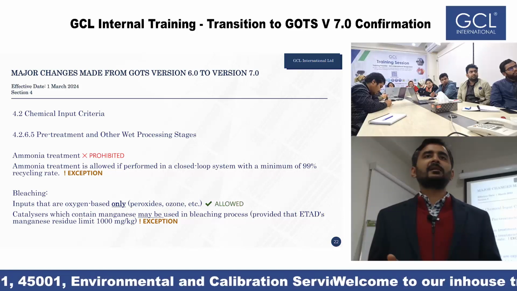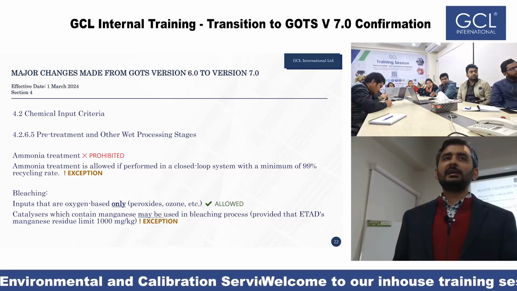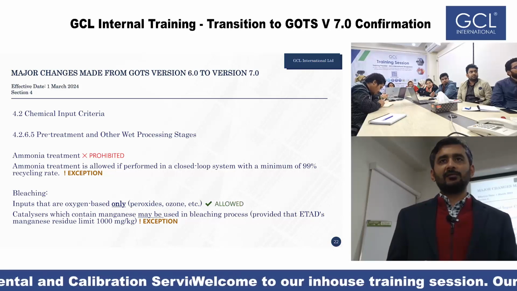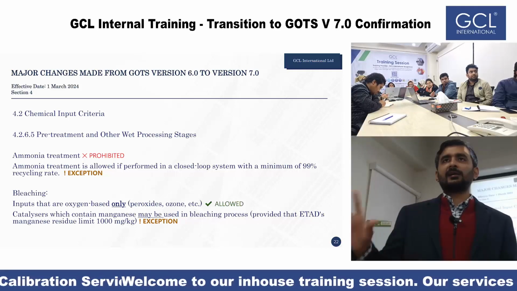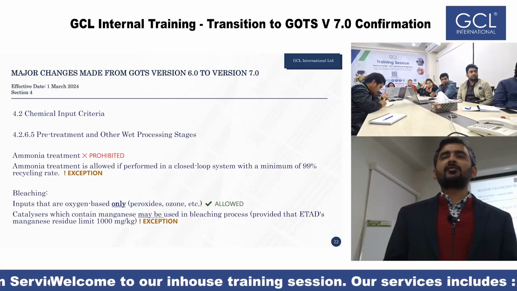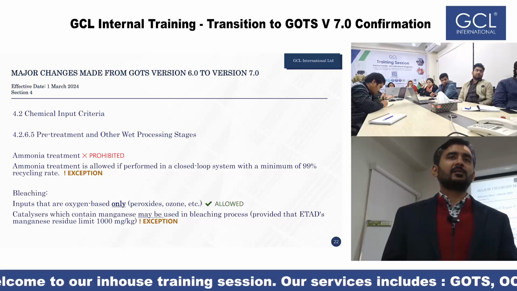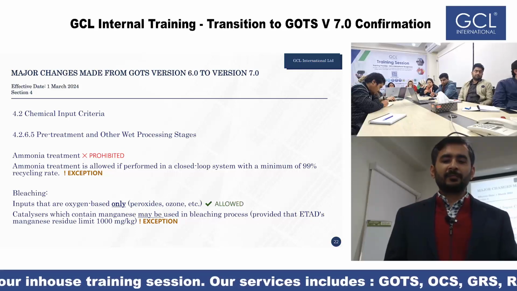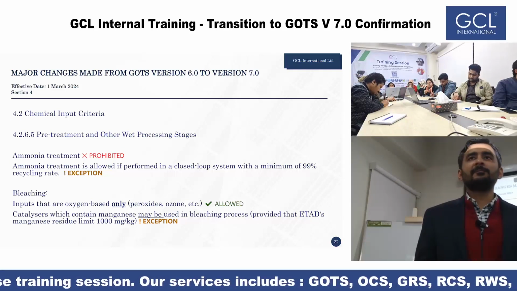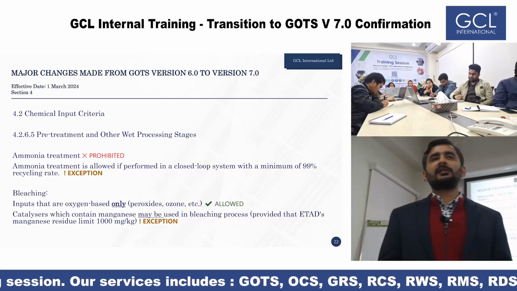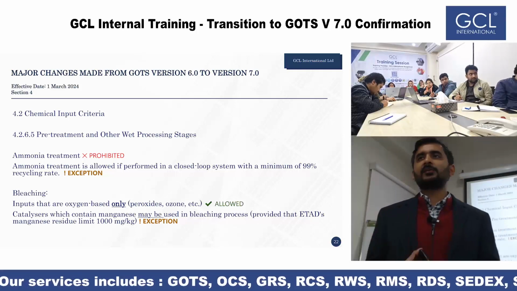So ammonia treatment is still prohibited, but only in the case where the ammonia used in the treatment process can be extracted through a recycling process or any kind of mechanism, then the ammonia treatment can still be allowed. And for bleaching, also the same. In GOTS version 6.0 it was said that only oxygen-based bleaching was allowed.